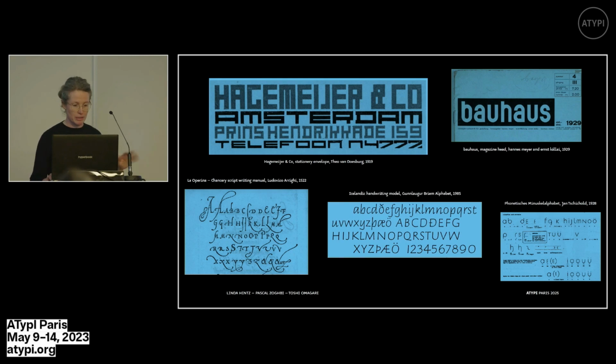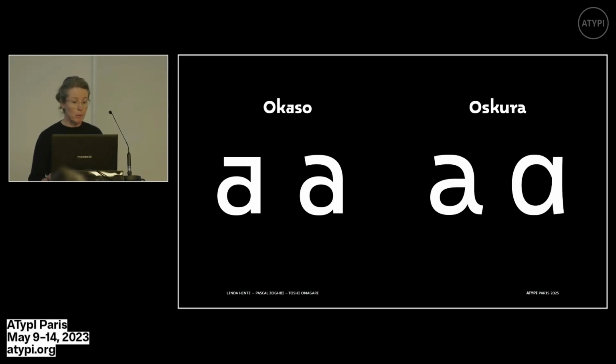I don't say Arrigo wasn't professional, but you also go down rabbit holes like phonetic minuscule alphabets and things you find in research on the side, very lovely but not usable. So what looked very daunting at first ended in those two poles, like Pascal said before, a more constructed one and a more fluid one, almost an upright italic.